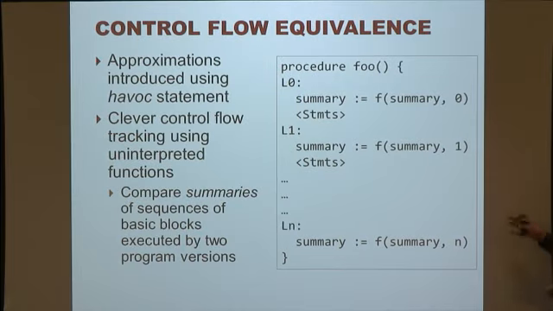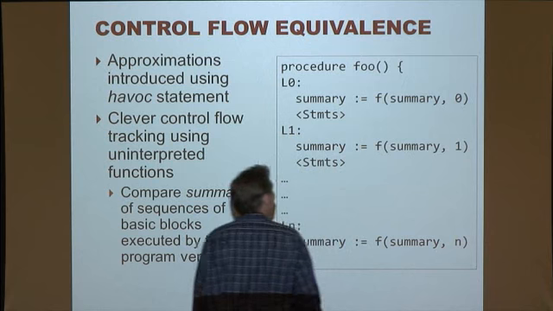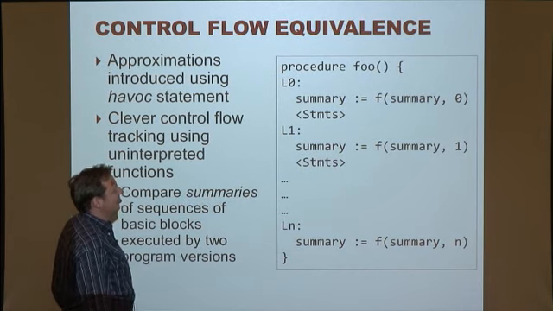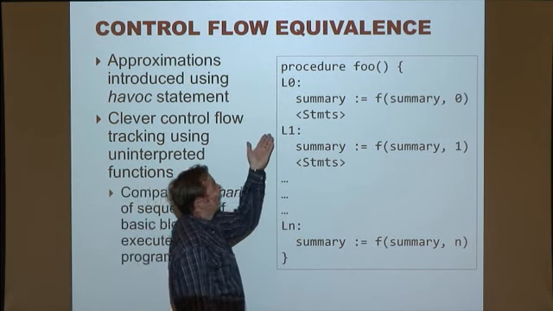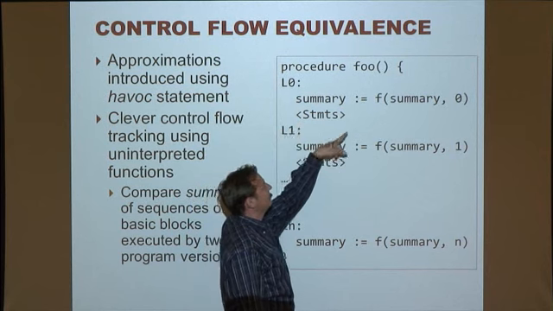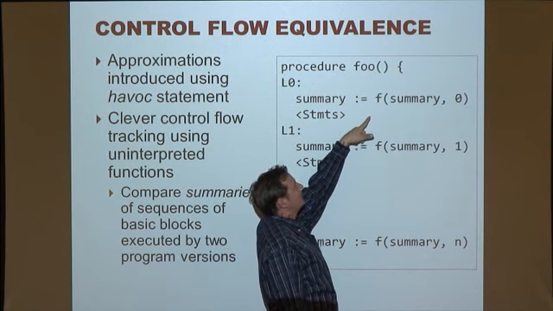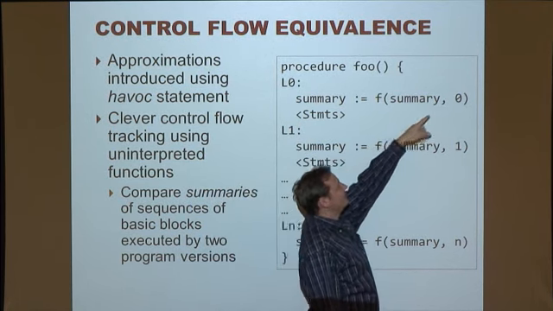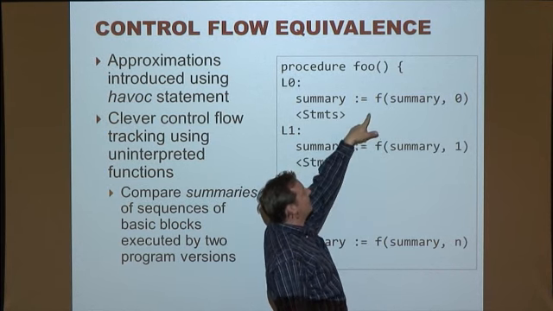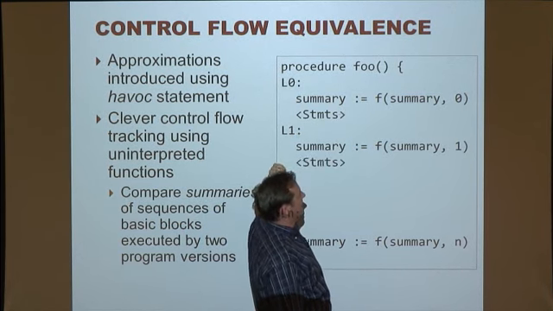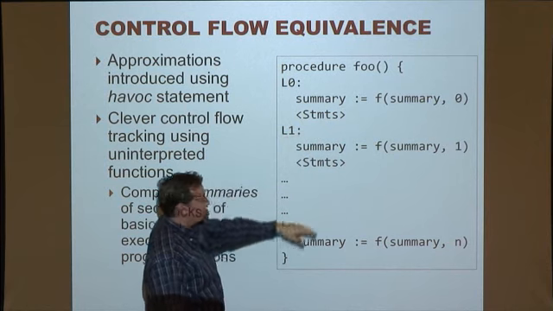OK. A little bit about control flow equivalence. We came up with this, I think, pretty clever way of encoding control flow equivalence using uninterpreted functions. We have a global variable called summary. In every block, we update it with a new value, which is just f of summary and block ID, where f is some uninterpreted function. And for every block, we generate unique block IDs.